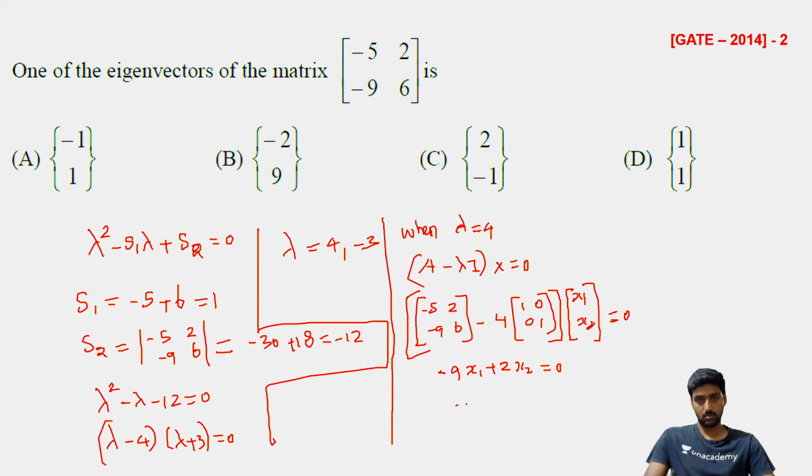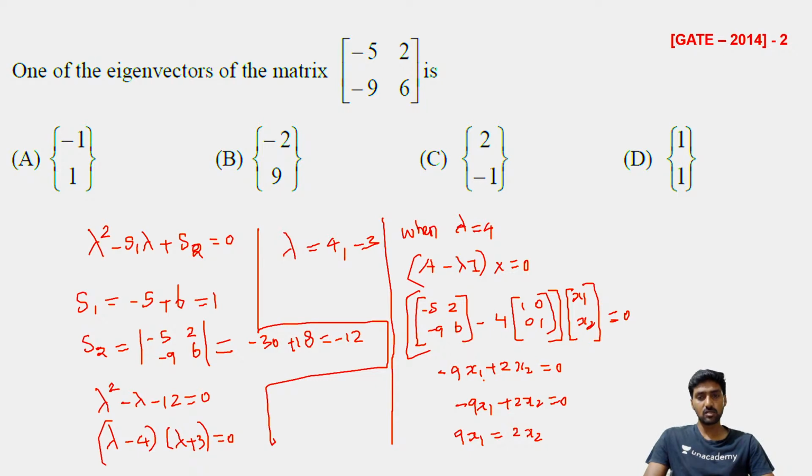If you take the first equation, 9 x1 is equal to 2 x2. If you choose x1 or x2 is equal to 1, we are getting a fractional value.